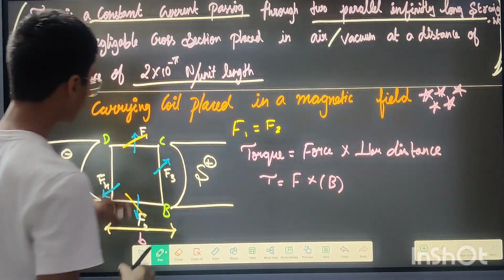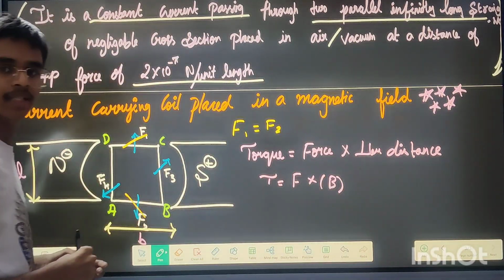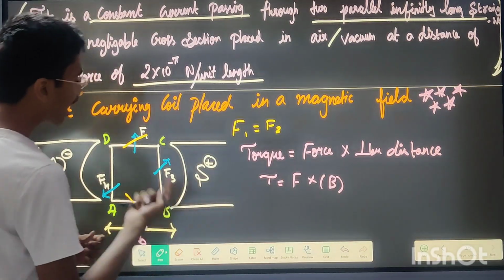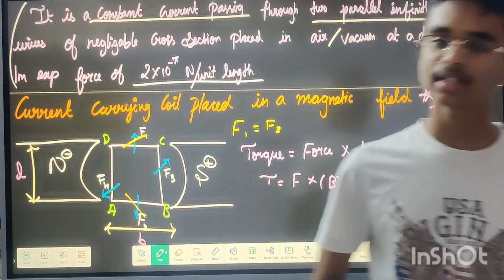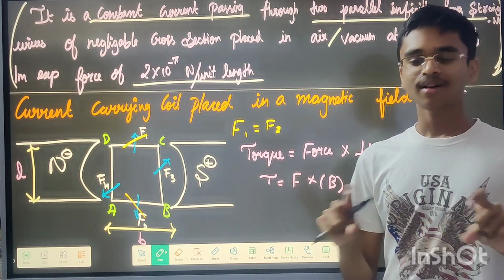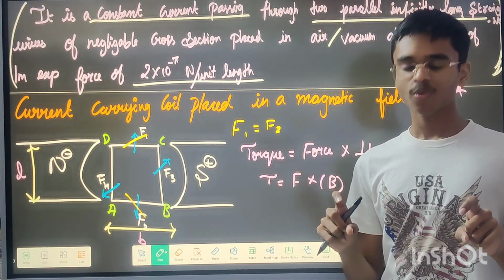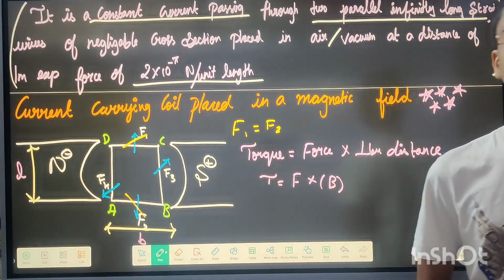See the force which is like this, and over here also there is a force. I have just now given you the formula that force is equal to BIL for a conductor, and not only for a conductor, but for any object with more than one charge.